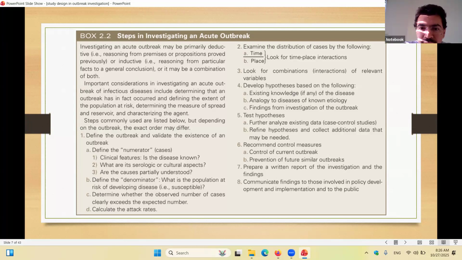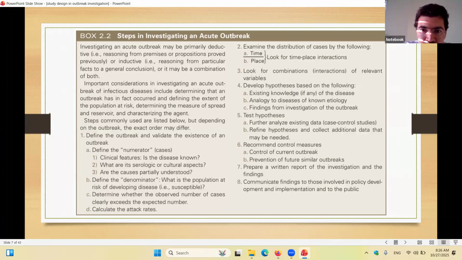And the most important, or it's better to say the most related to this topic, step in this slide, which is test hypothesis, the fifth step. In this step is the step when we have worked with it, and we will talk about analytic study design.